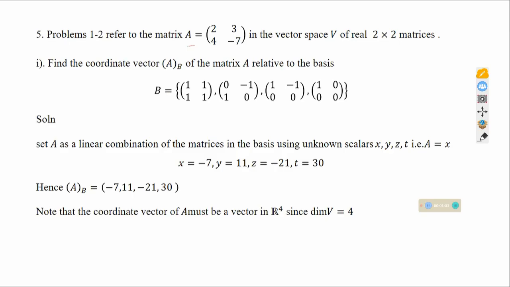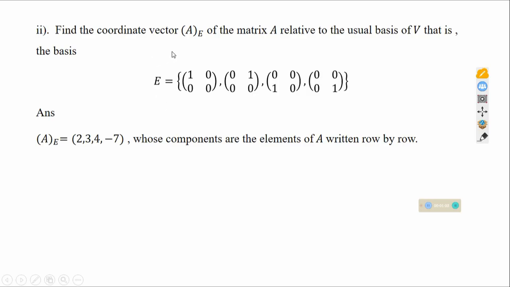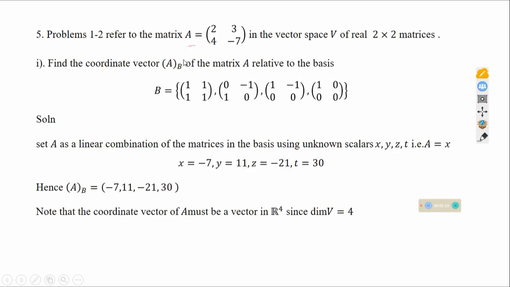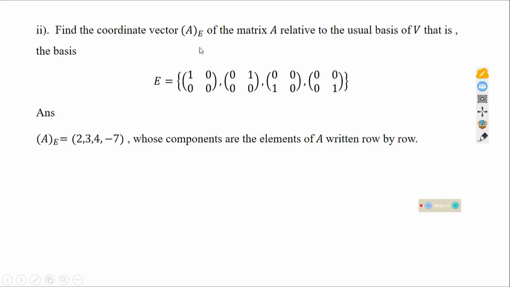express A as a linear combination of these matrices, get the values of the scalars, and get what we call the coordinate vector. So the next part 2, you are referring to the same matrix A, but for this case you are looking at a different basis. So you are looking at the basis actually, which is the standard basis, because you have 1 0 0 0, 0 1 0 0. So this is the standard basis of a 2 by 2 space.